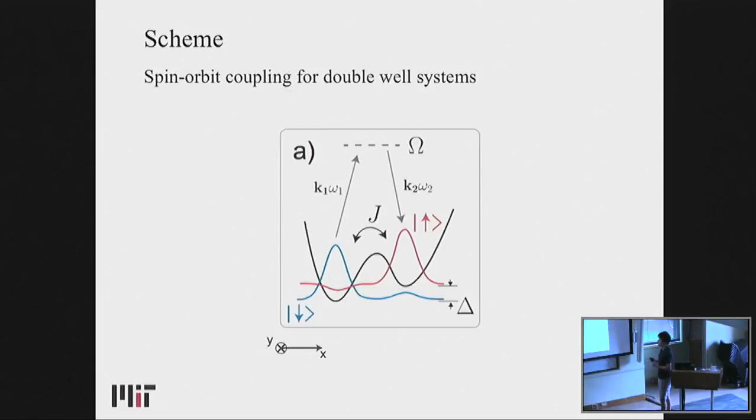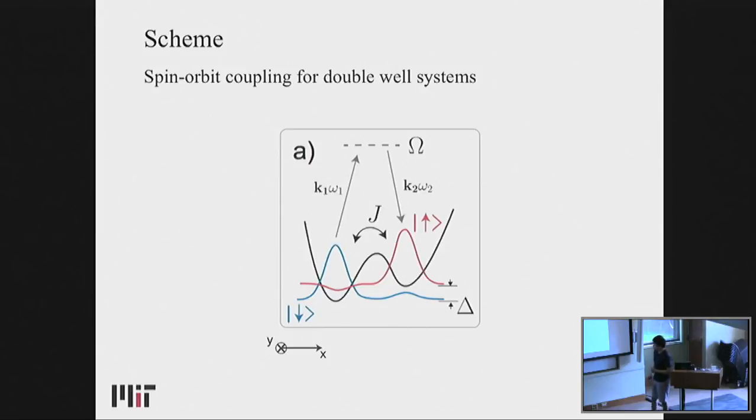And we still use two Raman beams to couple the atoms from the left to the right, which means we use the Raman beams to transfer the atoms from the left well to the right well, or from the right well to the left well. This is the spin flipping process in our scheme.